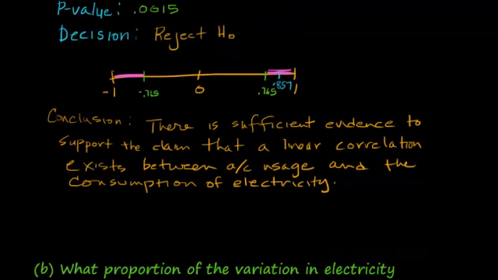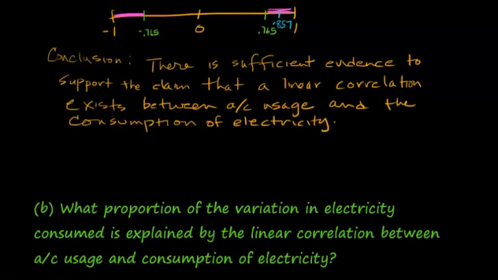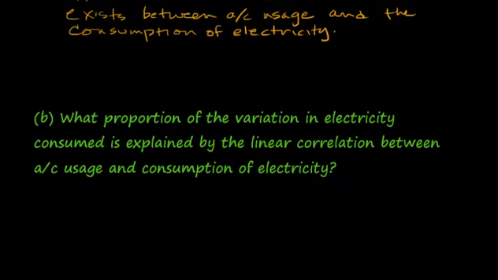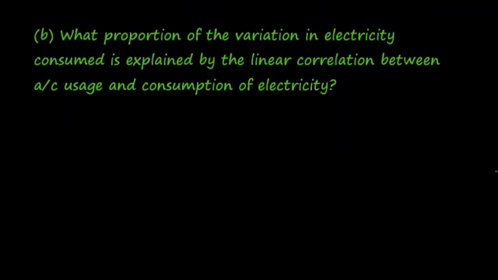Now, we want to find out what proportion of the variation in electricity consumed is explained by the linear correlation between air conditioner usage and consumption of electricity. It's not 100% affecting the consumption of electricity, but there is a certain proportion that is causing that.